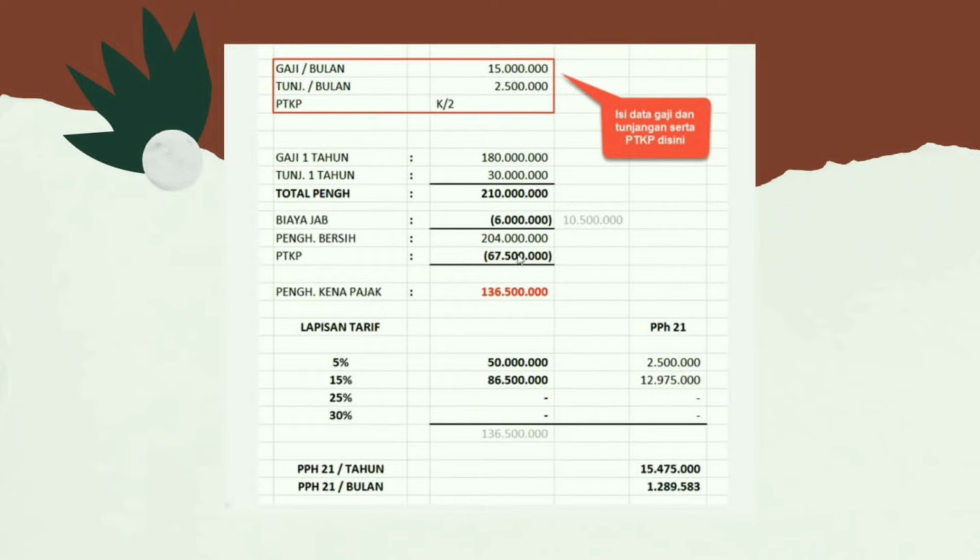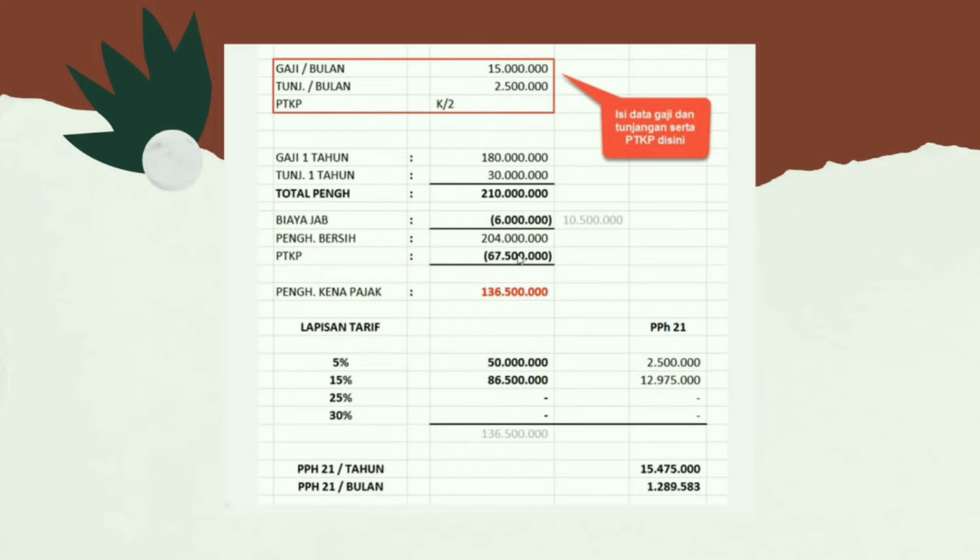Then the rest goes to the second layer, which is the difference from 136 million 500. So 136 million 500 minus 50 million is 86 million 500. So 15% times 86 million 500 gets 12 million 975. Then we just stop at the second layer.